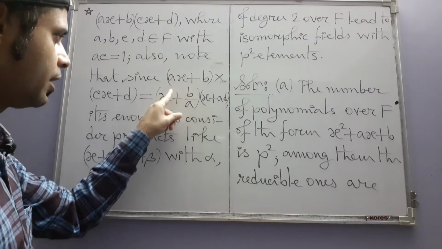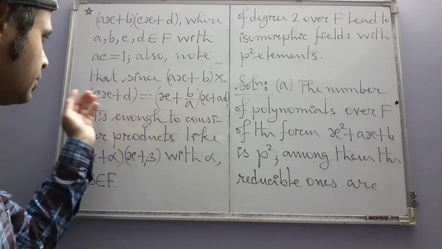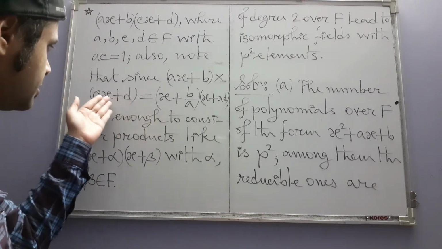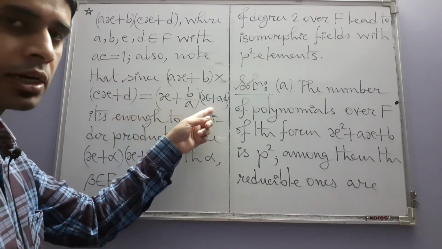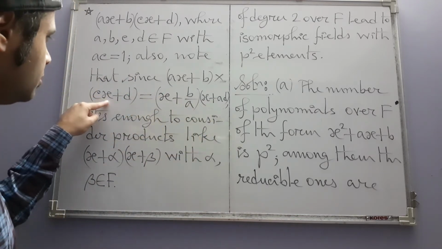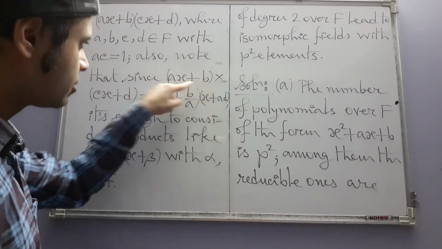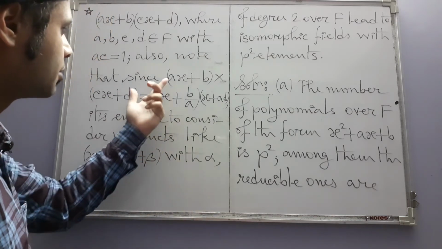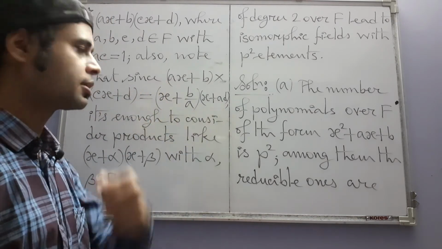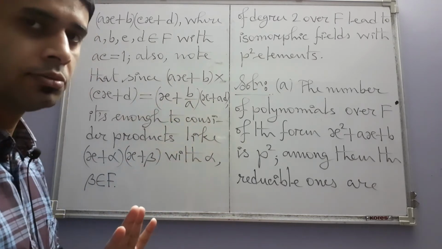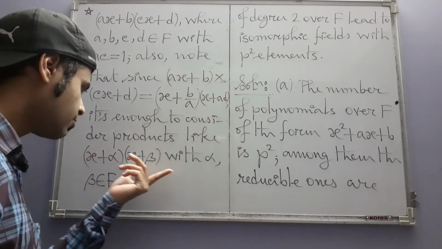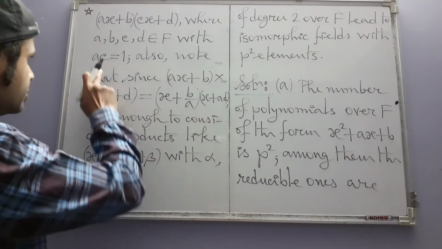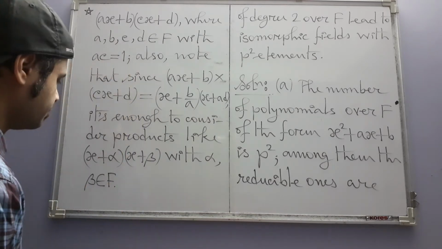If we do that, we will have x plus b divided by a, and then that a we have multiplied with this one. So it will be acx plus ad, but ac is 1, so we are getting this. So if you actually consider one such product where the coefficients of x are not necessarily 1, that is just again another one such product where the coefficients of x are equal to 1. So that is why it's enough to consider only this type of products, and then you do not need this ac equal to 1 extra condition also.